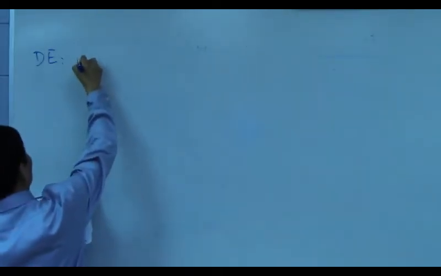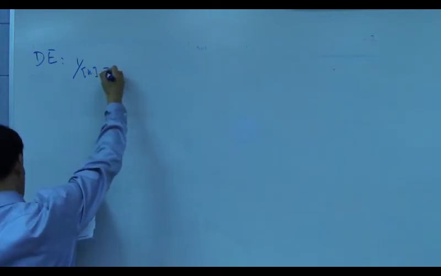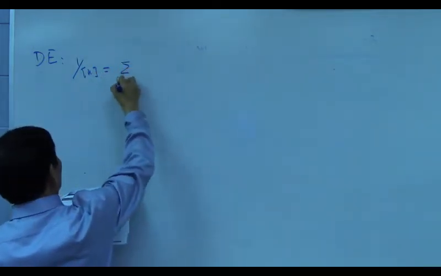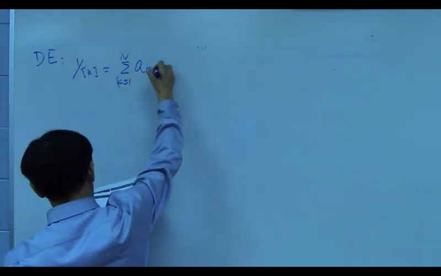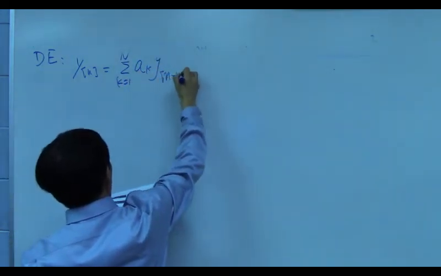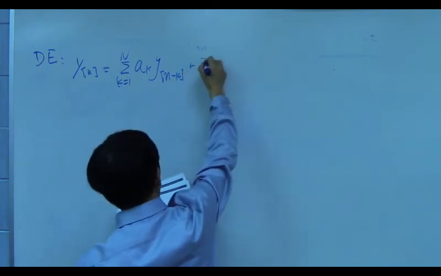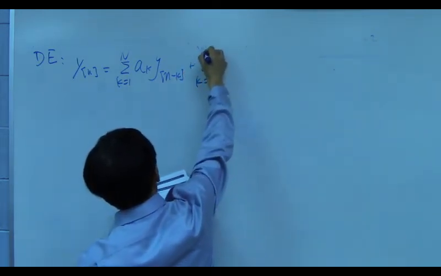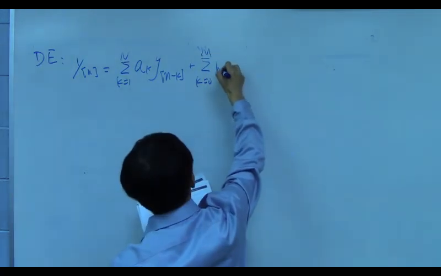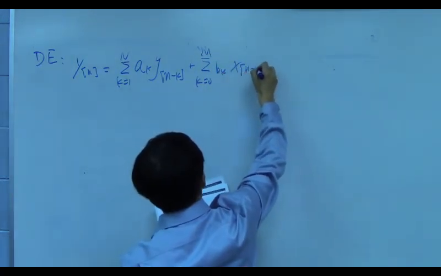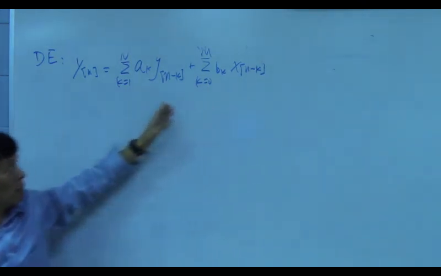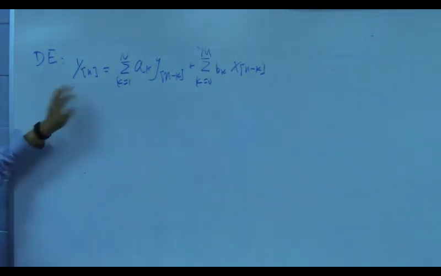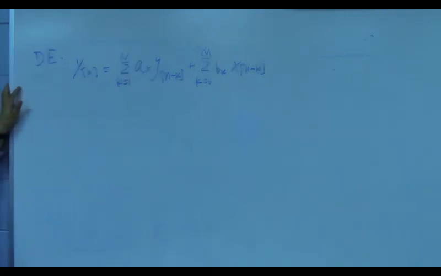The difference equation can be written in this form: y[n] equals the sum from k equals 1 to capital N of a_k y[n-k], plus the sum from k equals 0 to capital M of b_k x[n-k]. Those are the input of the system, those are the feedbacks, and these are the output of the system.